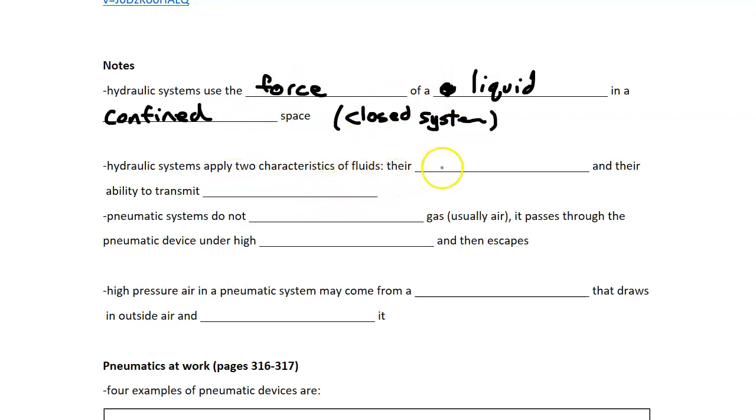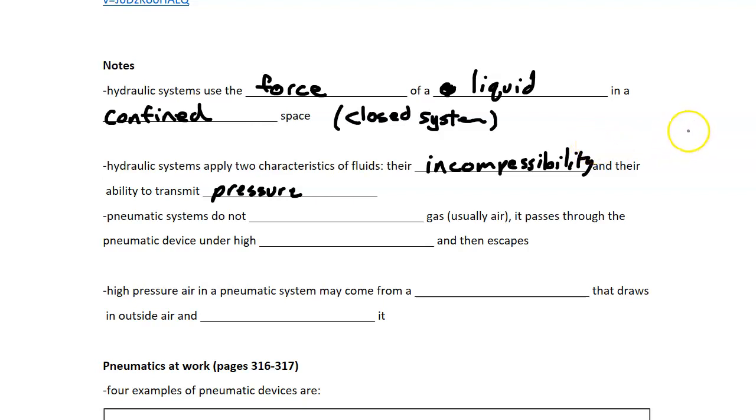Now, hydraulics apply two characteristics of fluids. First of all, the incompressibility, and their ability to transmit pressure. When we talk about incompressibility, we mean the ability to withstand or not change volume when pressure is added.